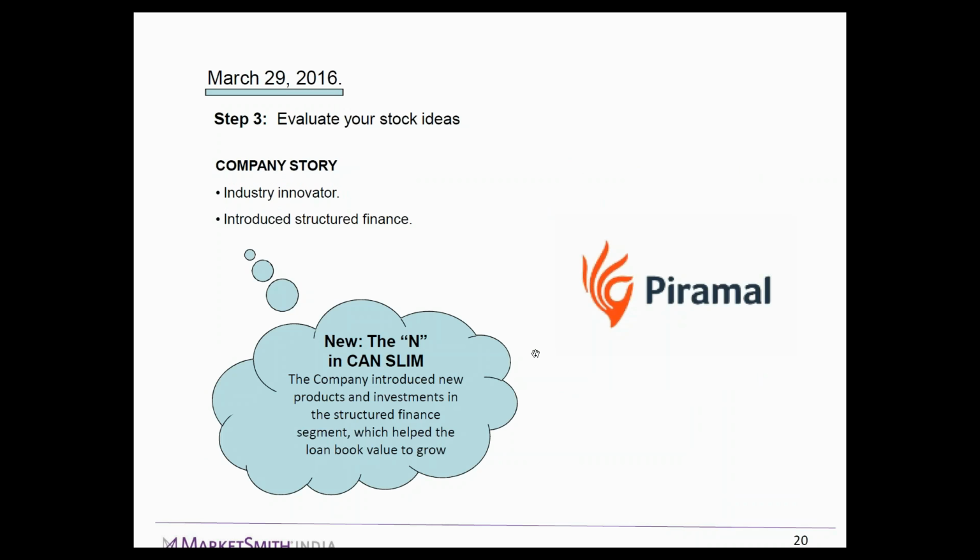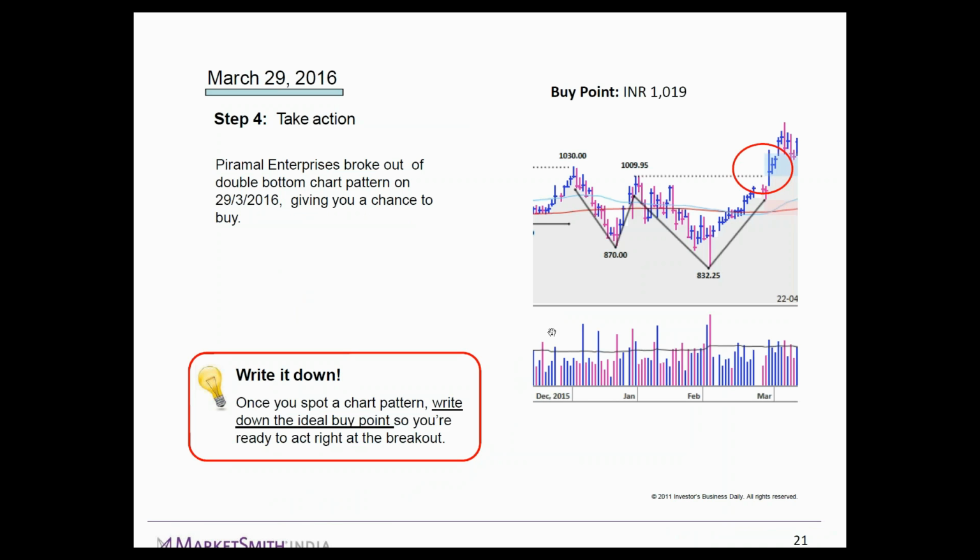Once we were convinced about the company, looking at the story, we were pretty sure that if the stock gave us a good entry point, and if it broke out of a sound base pattern, we were going to add it. This is what happened on 29th March 2016.